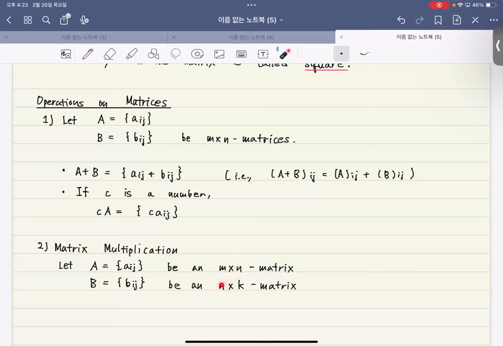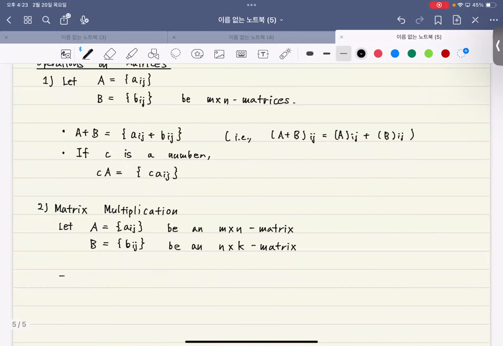These two numbers must coincide. If not, the matrix multiplication is not defined. Suppose that the dimension constraint has been met, then you can define a matrix AB, which is an m by k matrix.